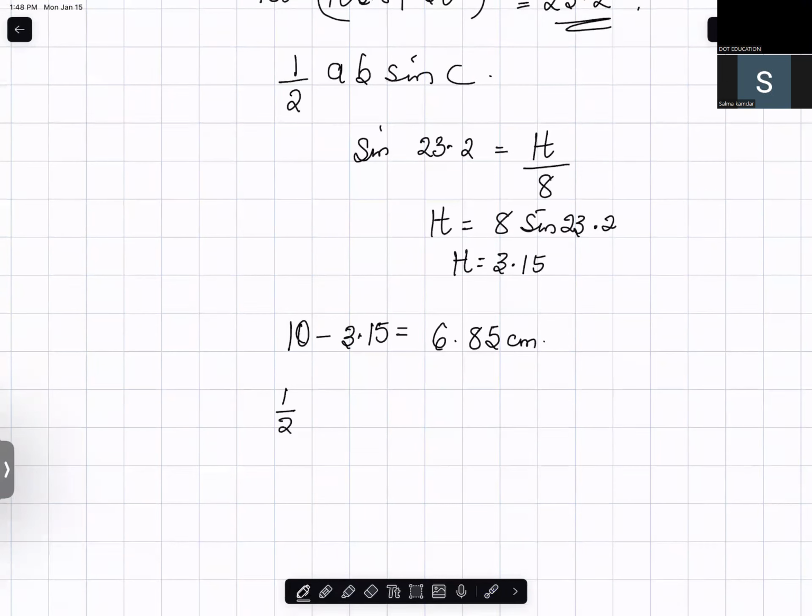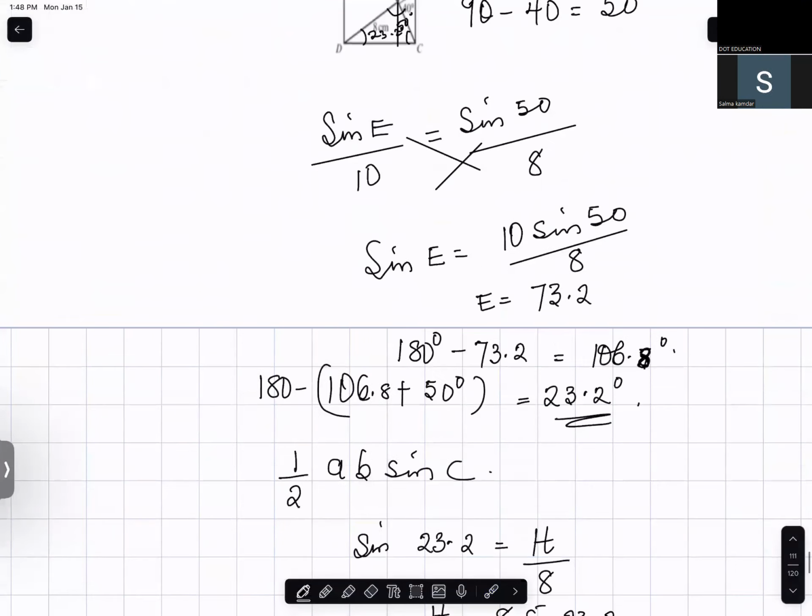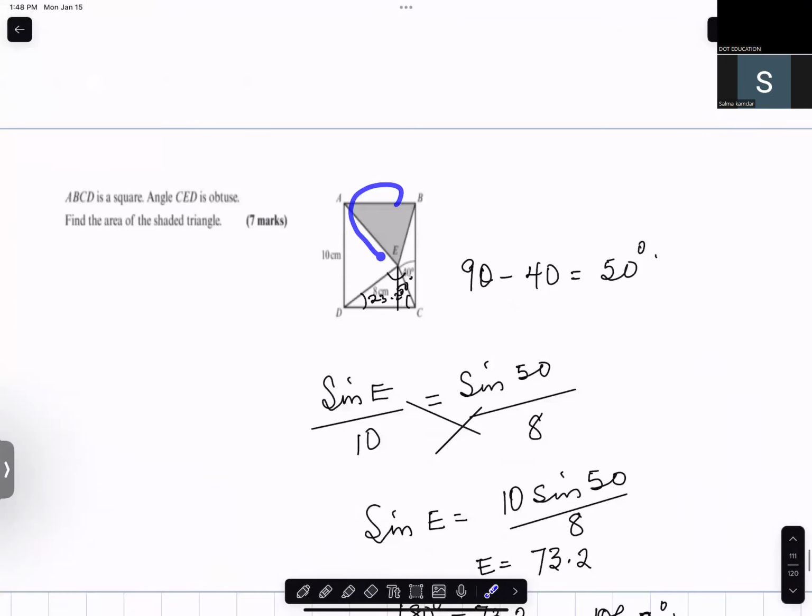That is half base times height. I have half into 10 times 6.85. So what do we have there? That is 5 multiplied by 6.85, which gives 34.25 cm squared. So that is the area of the shaded triangle.